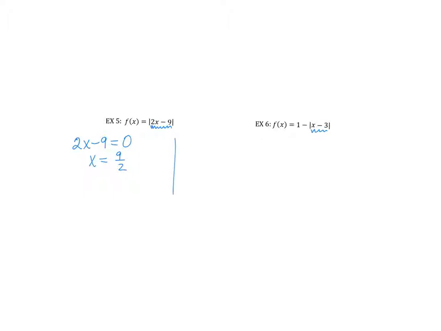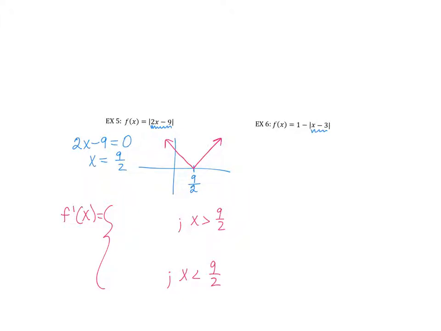So this graph is looking like this. At 9/2, is it an up V or a down V? Well, it's a positive absolute value, so it's going to be like this. Well, if I gave you that picture and said, guys, looking at that picture, write the derivative, my guess is you could get it. You say, well, I have one derivative when x is greater than 9/2, and I have a different one when x is less than 9/2.